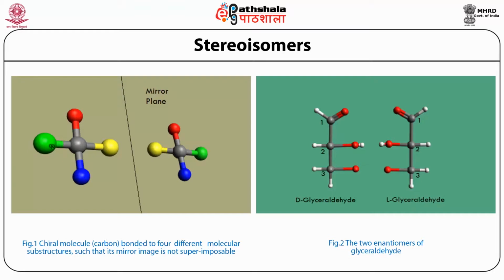Whereas when they are the same at all but one carbon atom, then they are not enantiomers, they are epimers of each other, because they are not mirror images of each other. For example, D-ribose and D-arabinose differ in the configuration at C1 position only. That's why they are epimers of each other.